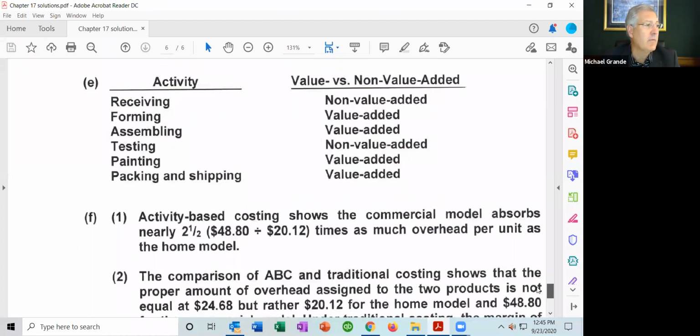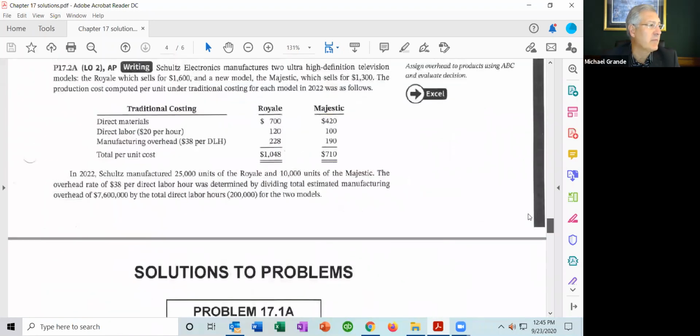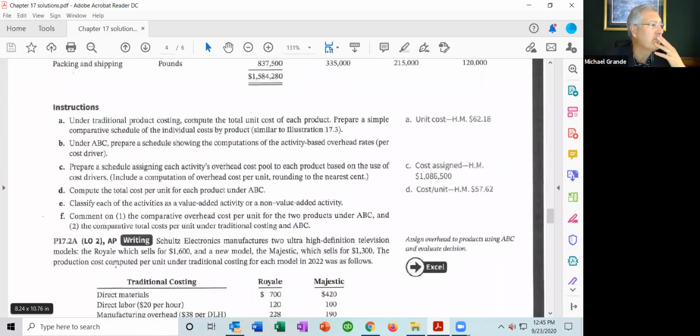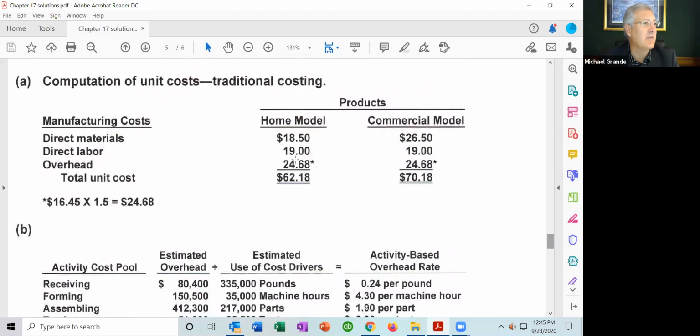So what does item F ask us? Item F says, comment on the comparative overhead cost per unit for the two products and the comparative total costs per unit under traditional and ABC. So let's look at, for example, the home product.